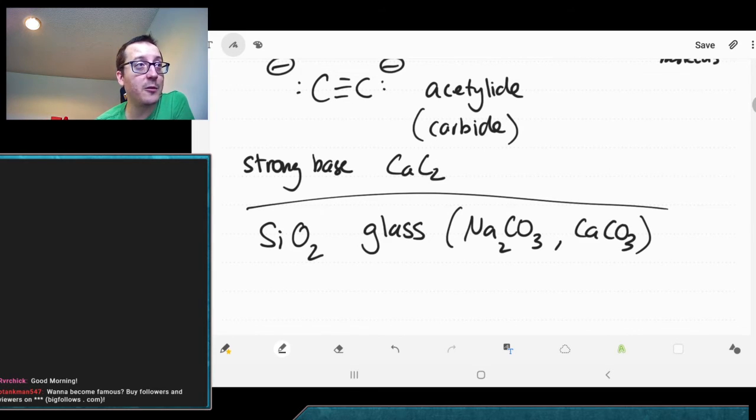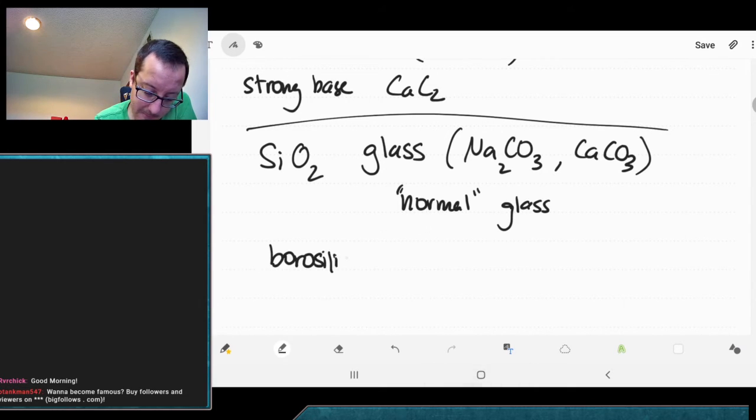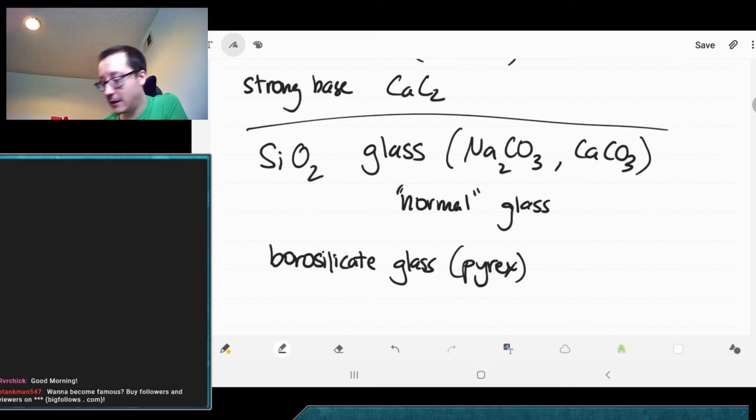It's made of silicon with various sodiums and calciums redistributed through. That's our normal glass, has these incorporated into it. We can have borosilicate glass, which is what your Pyrex is. So stuff that resists shattering. It uses, what's the boron that we put in with it?